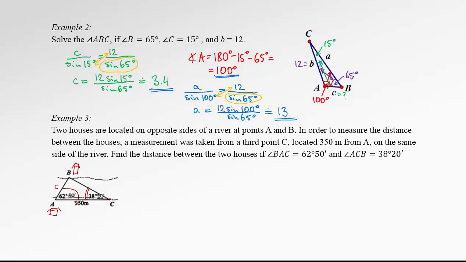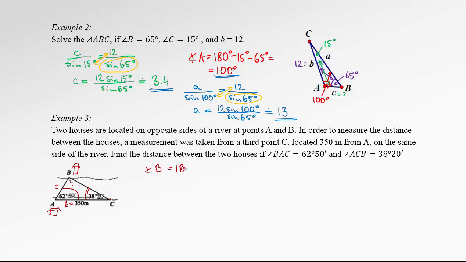Okay, this is not a right angle triangle, so the only thing we can use here is the sine law. In order to do this, we need a pair of given data. Well, we have one side given, this is the B side, right? But we don't have the opposite angle. However, we can find it because the other two angles are given. Okay, let's find angle B first then.